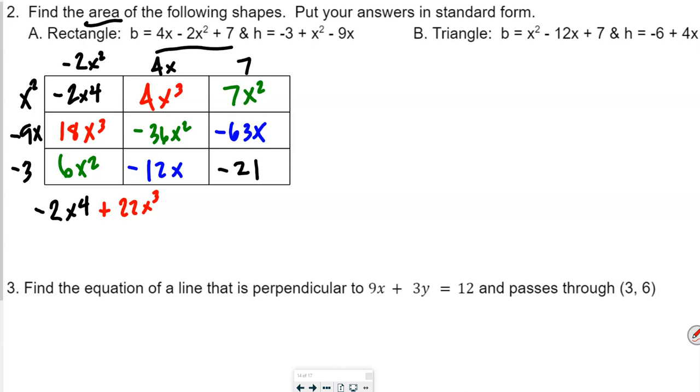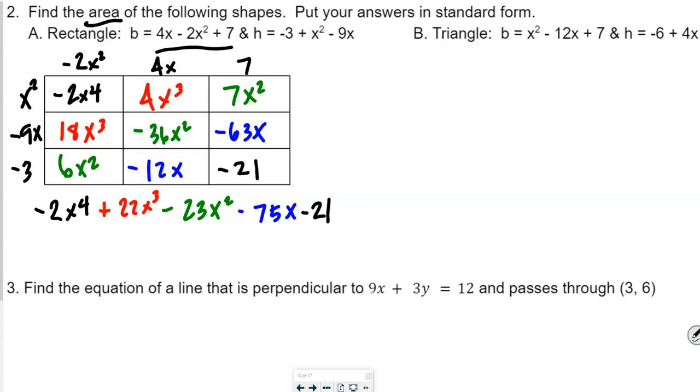Let's just do it this way. Negative 36 plus 13. That would be 23. Okay, so this is going to be minus 23x squared. Then we're combining our blue terms. So 6 and 1 is 7. And 2 and 3 is 5. So that's negative 75x. And then we got our minus 21. So that's our answer there.